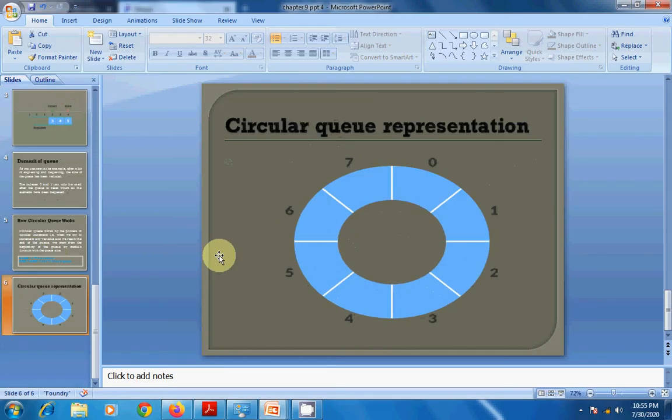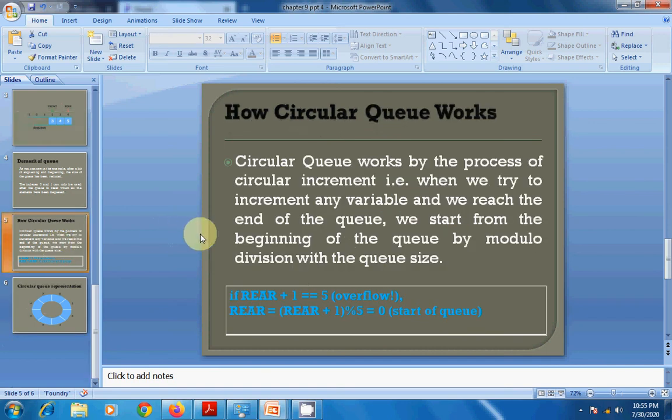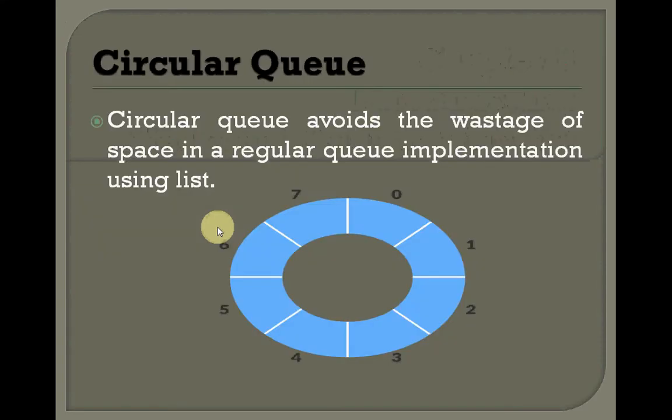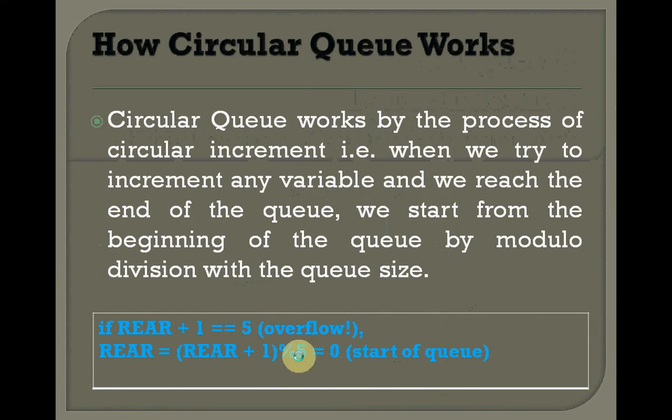Again the rear will indicate the 0 location, and whatever next value you are going to insert will be inserted in the queue.